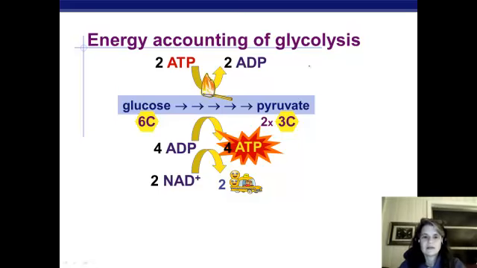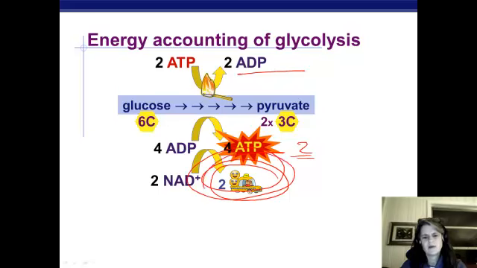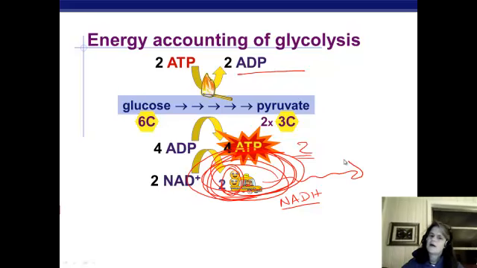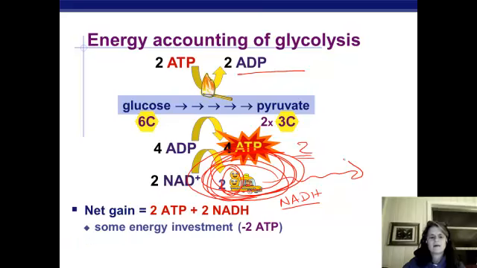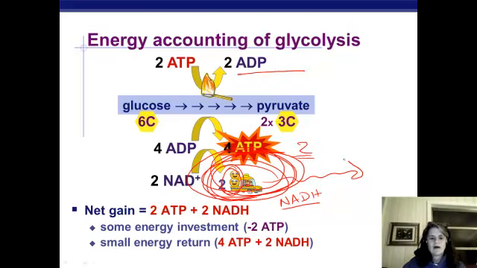We've spent 2, we get 4, but because we spent 2, we are really only going to get 2 ATPs, plus these very important little taxicabs carrying their little electrons, these little NADH molecules, these electron carriers. They are carrying those electrons somewhere, by golly, and we'll find out where soon. Okay? So those are your net gains, your net investment.